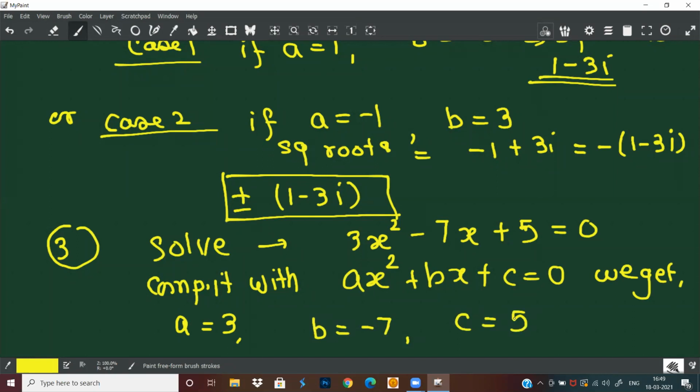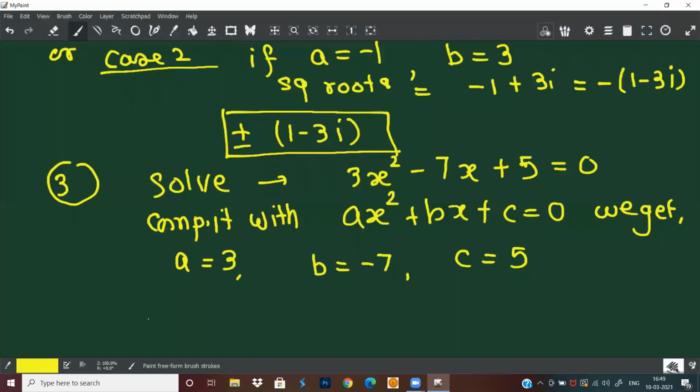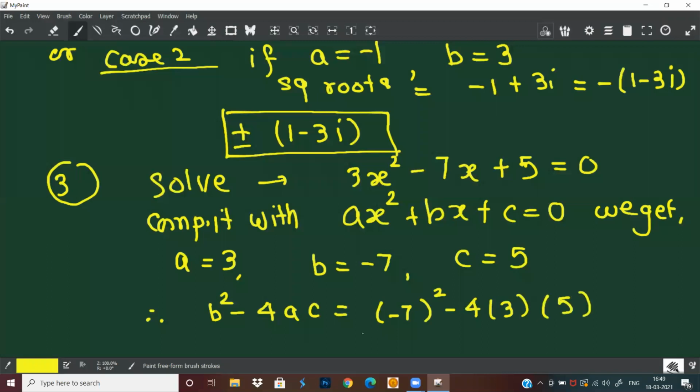Okay, you can try, yes. You try, please. Imaginary roots, complex roots, you can say.